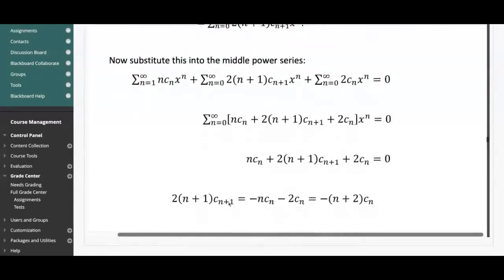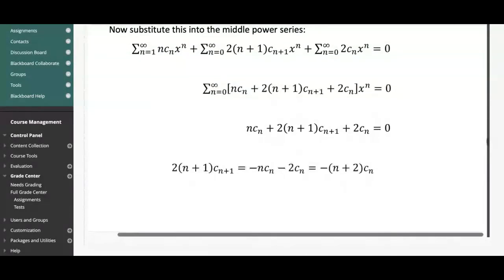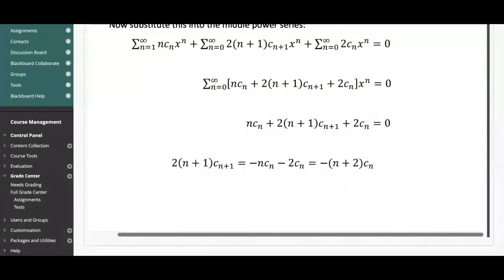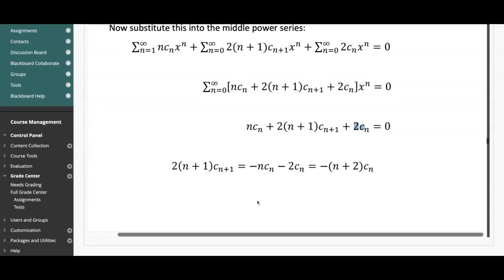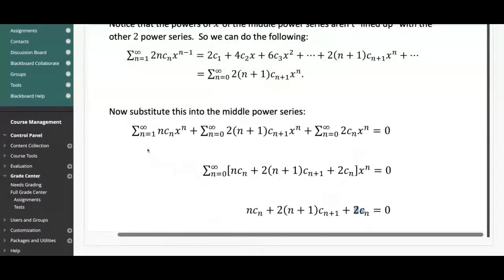Anyway, this answer should be off. 2n plus 2, 2n plus 1. Okay, so you see the answer I didn't include in this. Oh, yes, I did. So that's n plus 2.